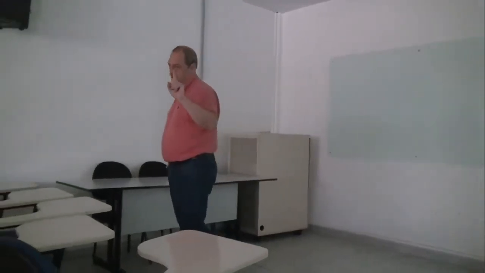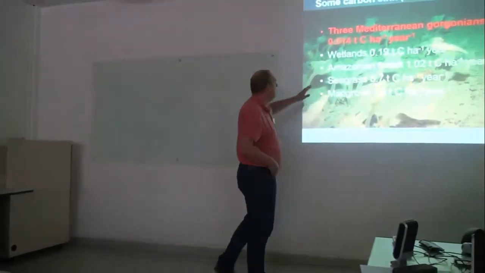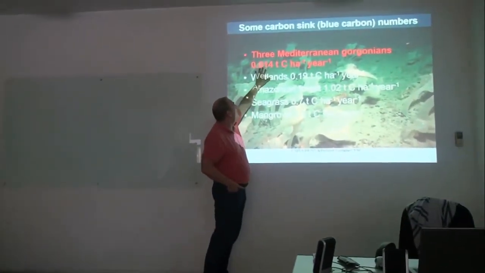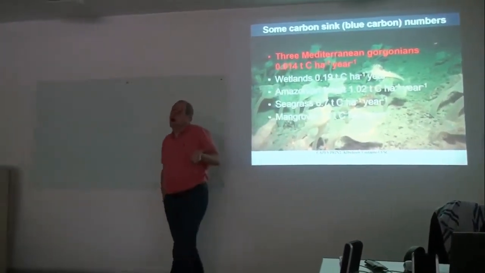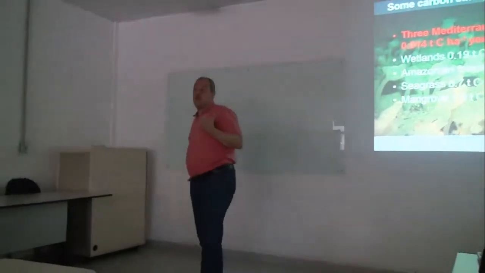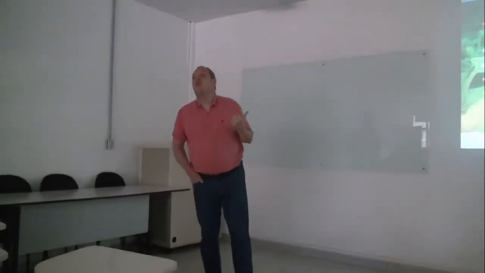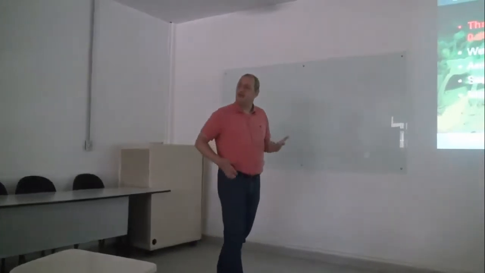It's not all the Coralligenous. We don't have this number yet. We have to think about the huge quantity of organisms in the Coralligenous. So probably this could rise by one order, and instead of 0.014, it could be 0.40, for example.